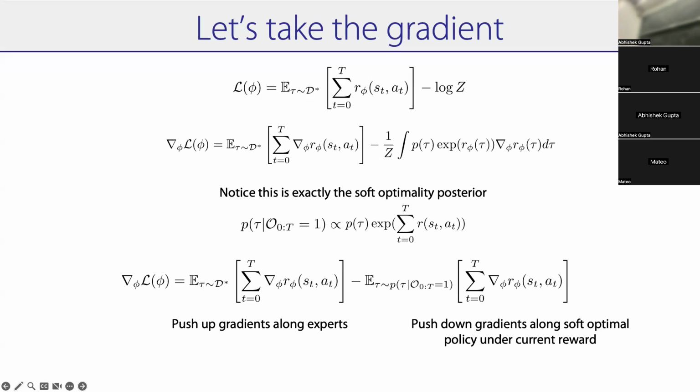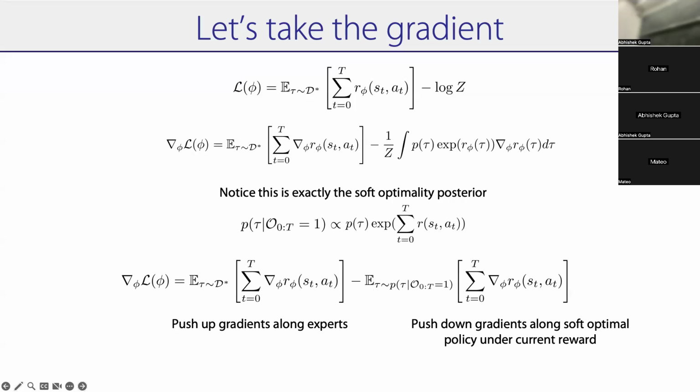The thing to note here is that the only way to actually get this posterior is by doing RL. So you do max ent RL on your current reward function. That gives you this soft optimal policy and data, and you push up everything in the expert data and push down everything from your soft optimal policy.